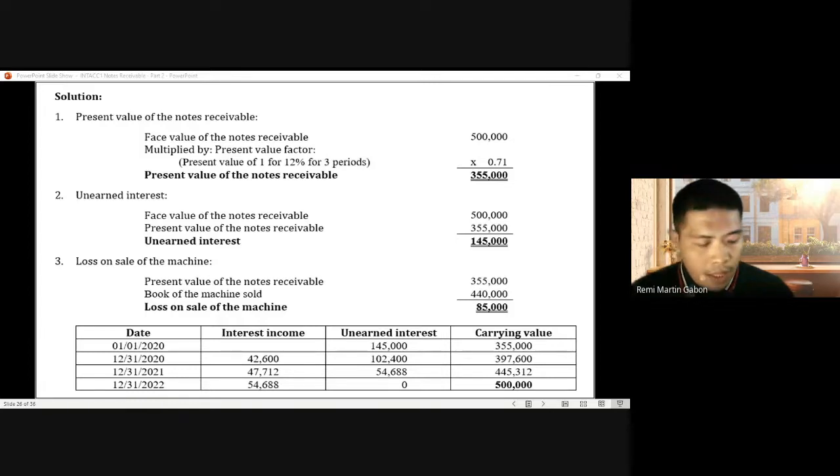Okay? Kasi if we're going to multiply 445,312 by 12%, how much would be the amount ng supposed interest income if we're going to follow the process?